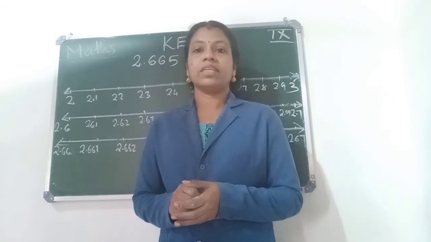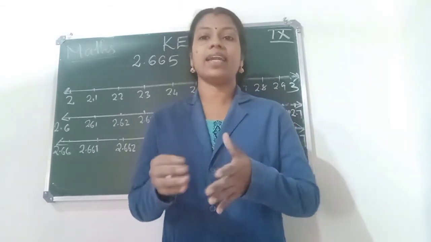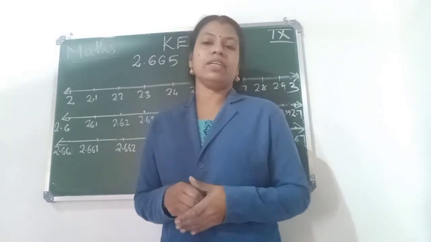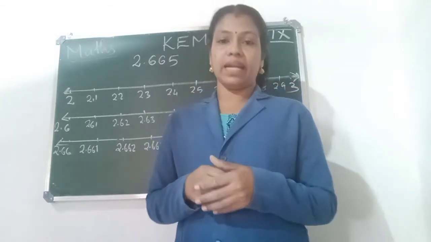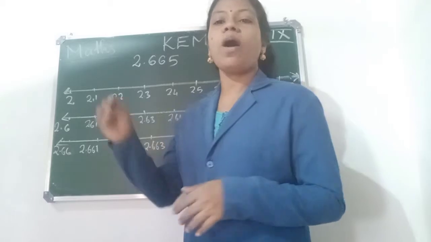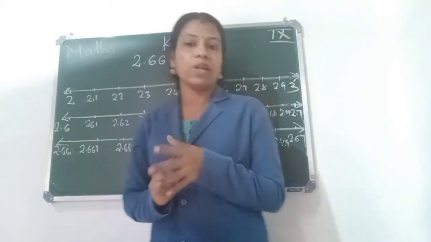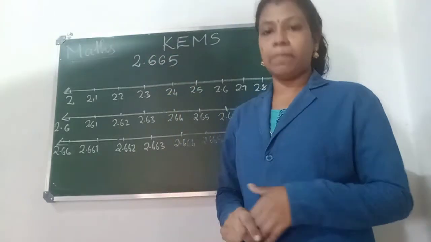Conversely, for each point on the number line, there is a real number. Let us see how we can visualize real numbers on the number line. First question, visualizing 2.665 on the number line.